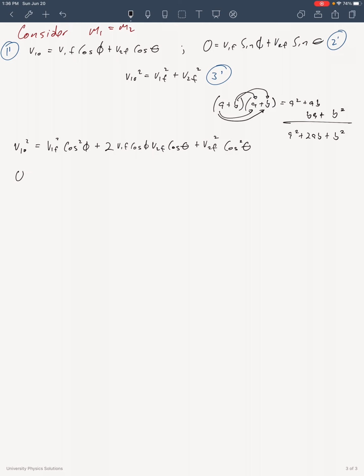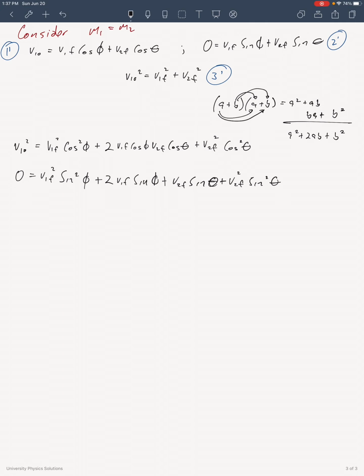I'll have 0 squared is equal to 0 equals B1f squared sine squared of phi plus 2 B1f sine of phi times V2f sine of theta, plus V2f squared sine squared of theta.